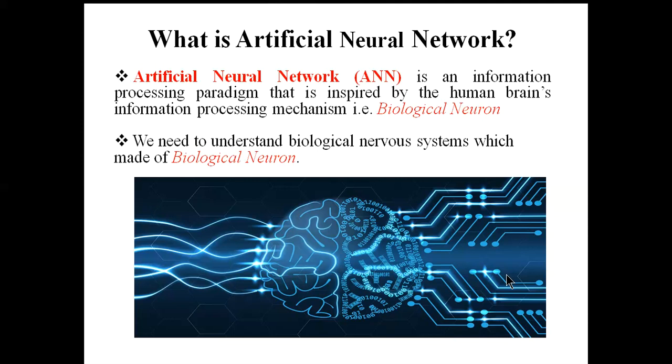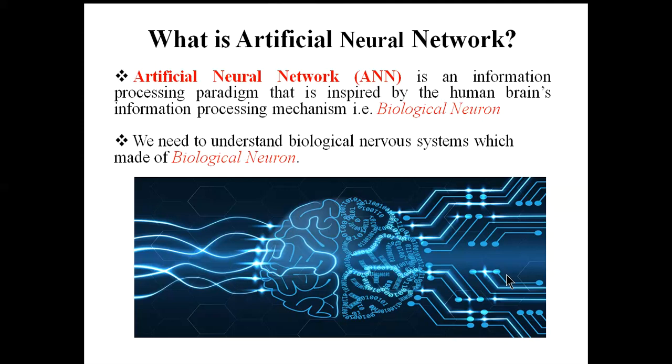As we already know, in our human brain there are millions of neurons that are responsible for our intelligence, and based on the neurotransmitters and their electrochemical responses we can take different decisions and act accordingly.